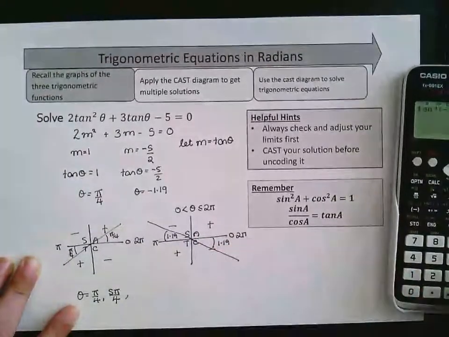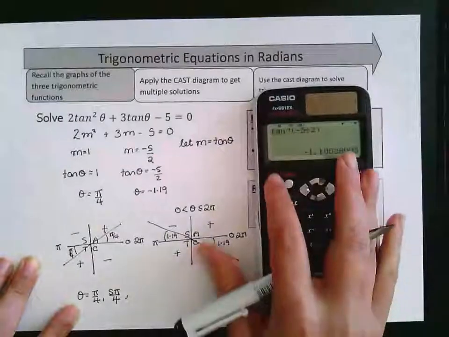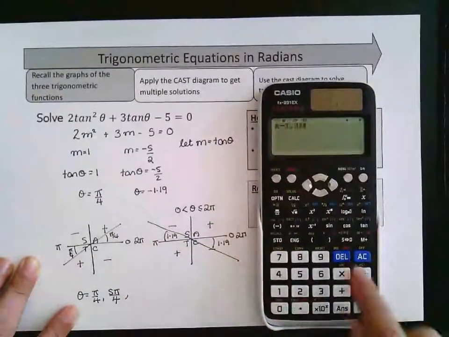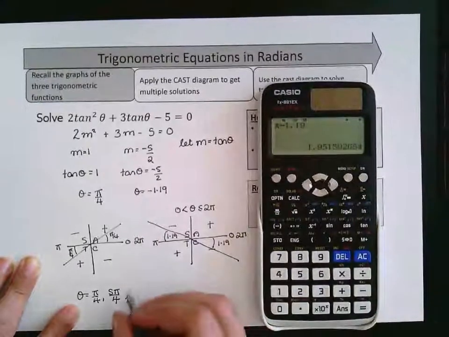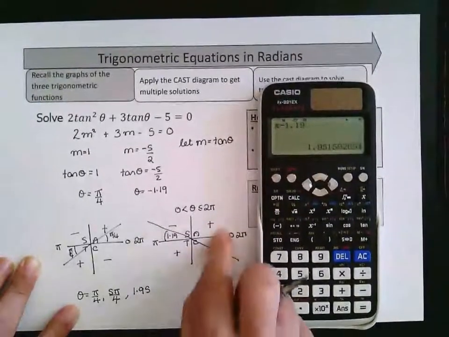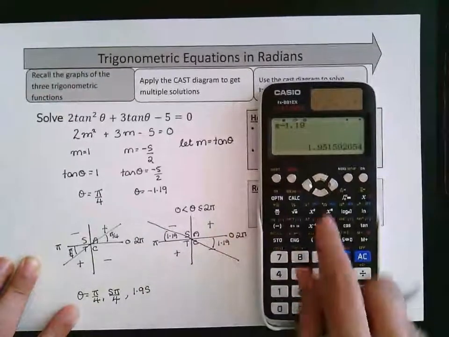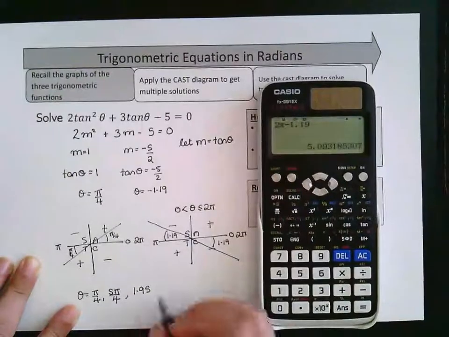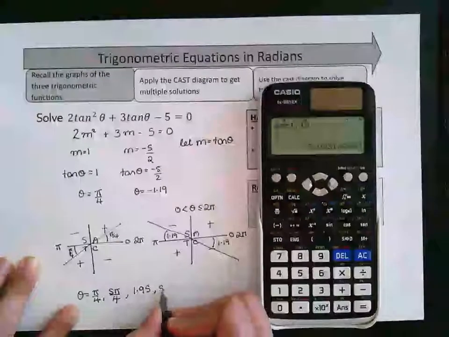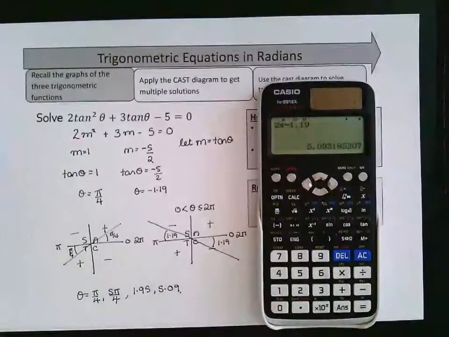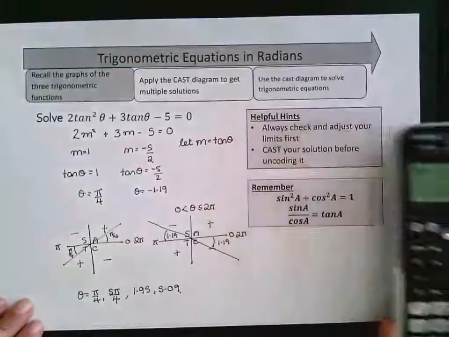So my first solution will be pi minus, because I'm going backwards, 1.19 to give me 1.95. And then I've got 2 pi going back 1.19. So 2 pi minus 1.19 is 5.03. Sorry, 5.09. And there we go, I have solved that quadratic equation.